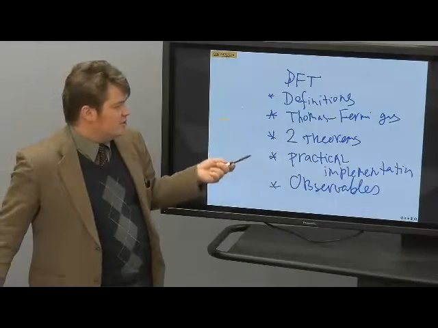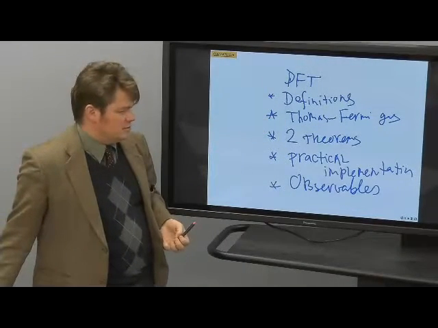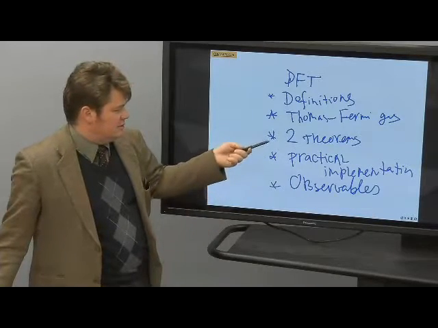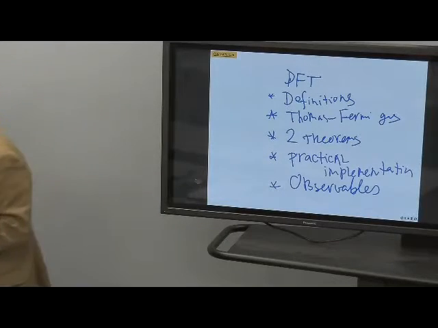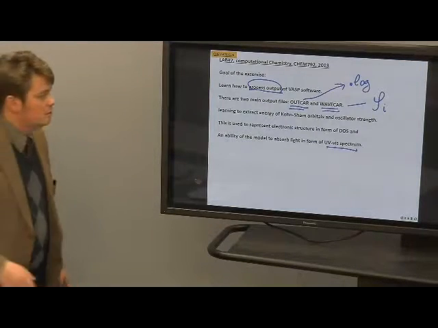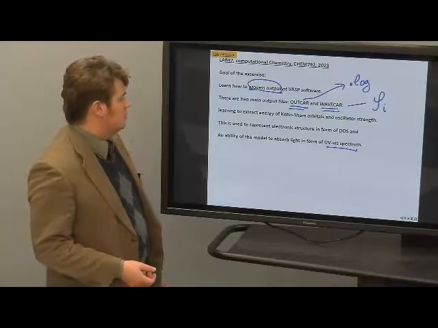We already went through definitions, we went through the gas of electrons, and we are on two theorems. And then we'll go through practical implementations and the ways to convert whatever this software is doing into observables.